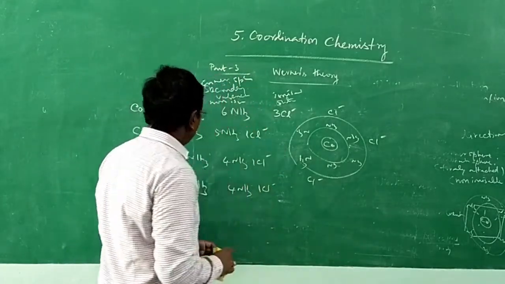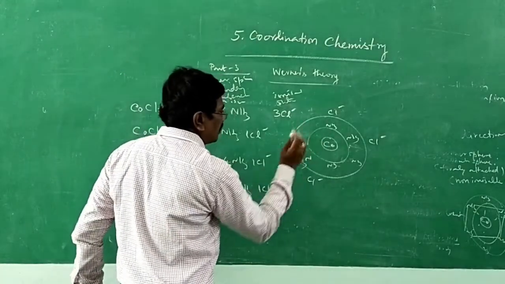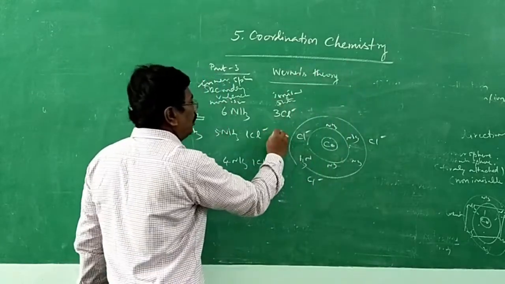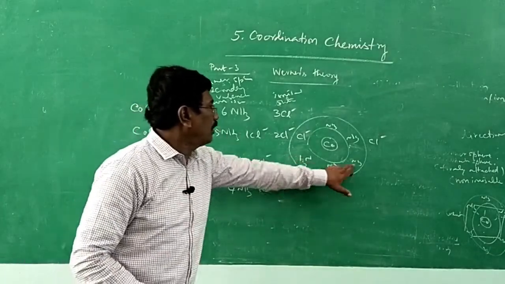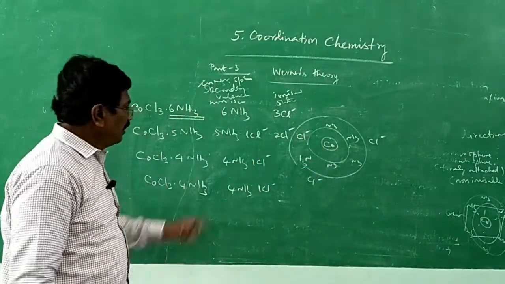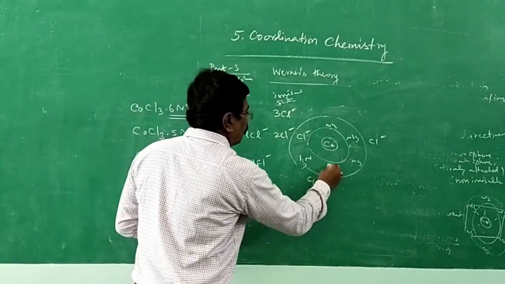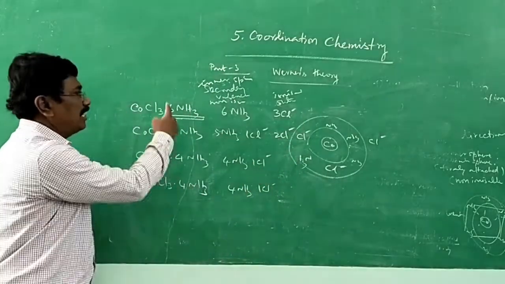Suppose it is only 5 ammonia, 1 less, then 1 chloride ion comes over here. Therefore, only 2 chloride ions are available outside. 5 plus 1. In the next case, only 4 ammonia, and 1 more chloride ion comes in, therefore only 1 outside the sphere. That's what I have written.